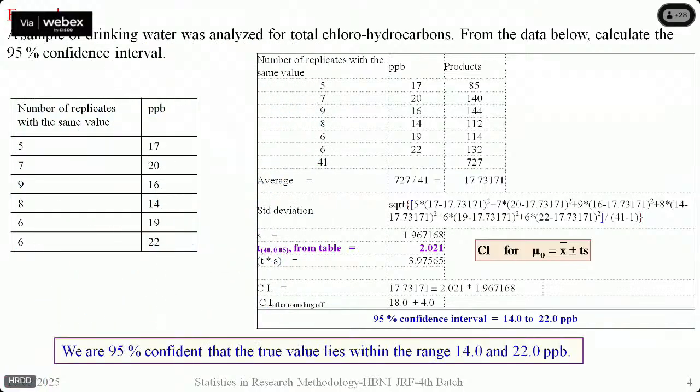So from this we will be able to tell with a certain level of confidence what will be the value of this total chlorohydrocarbons in a particular sample of water taken from a specific location. From 14 to 22 ppb, 14.0 to 22.0 ppb, it will be varying.